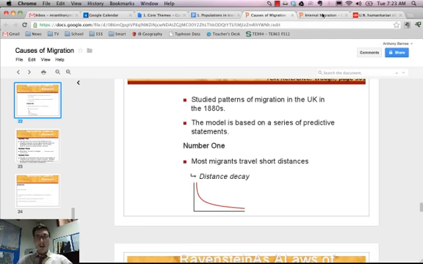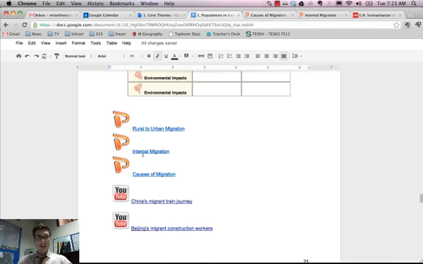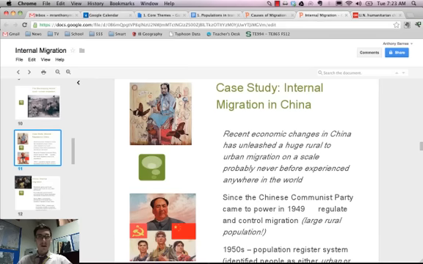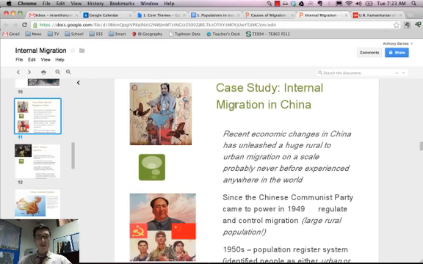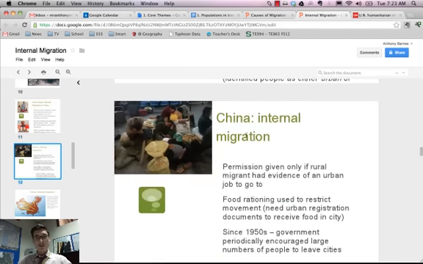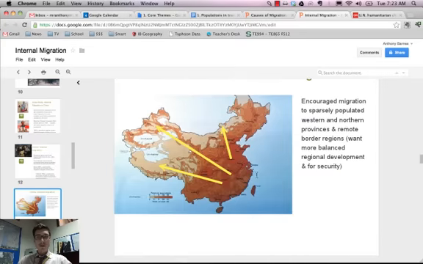Okay, if you want to take a look, we'll go back here. The internal migration PowerPoint is also really good because if you scroll down, it actually gives you the case study on internal migration in China. And so you can scroll through this. There's a lot of really good information.